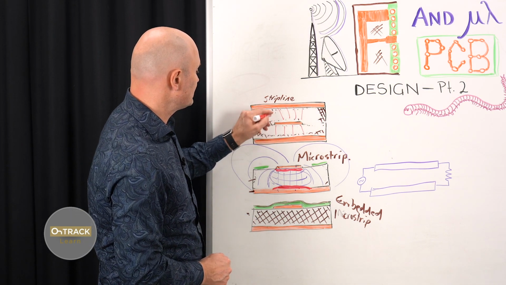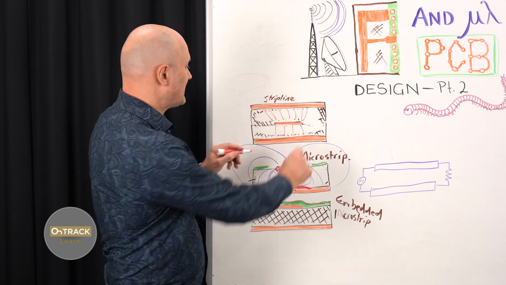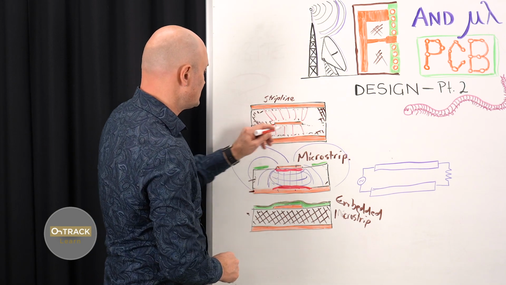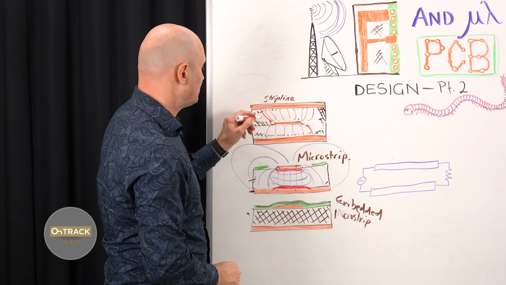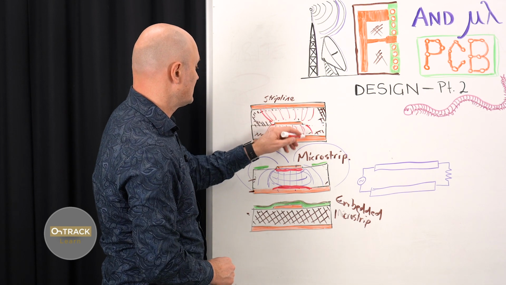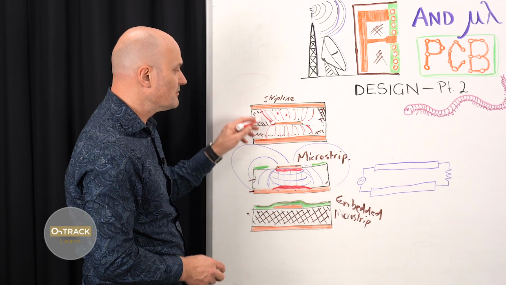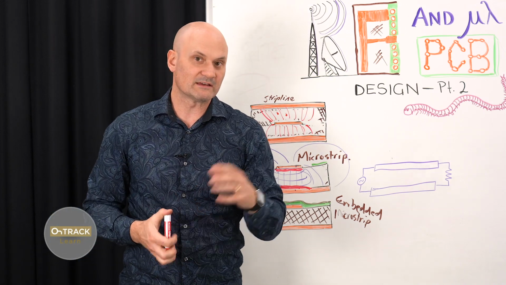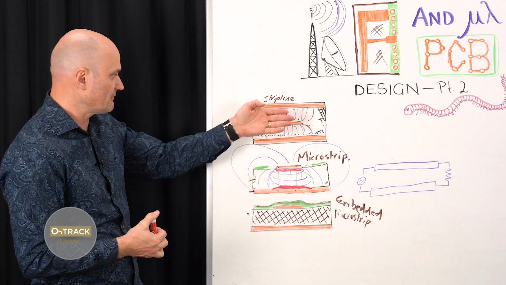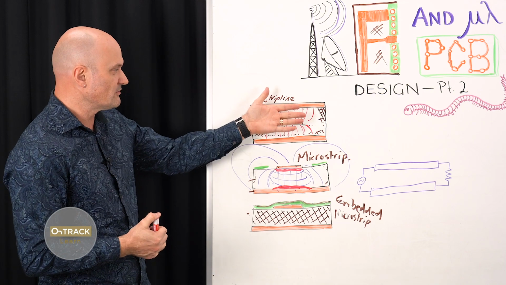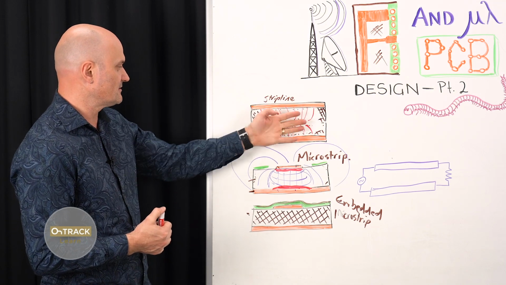With a strip line, we have coupling, particularly if we have the same distance between those planes. We have coupling to both planes. And so we have a much more uniform electromagnetic wave front traveling transverse to this diagram.